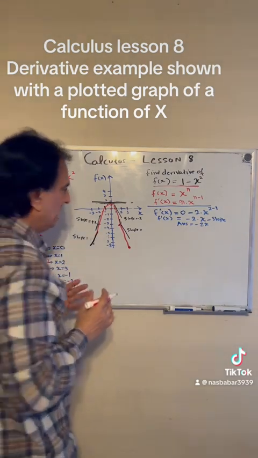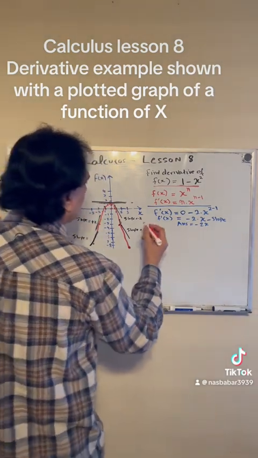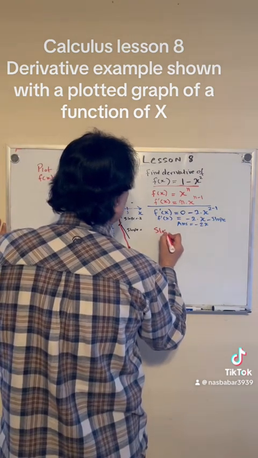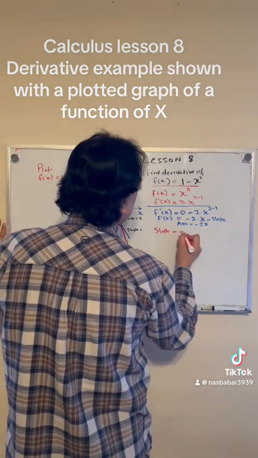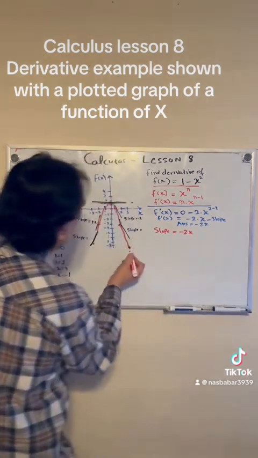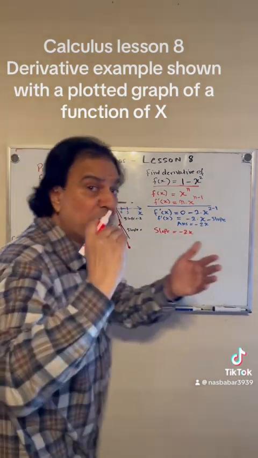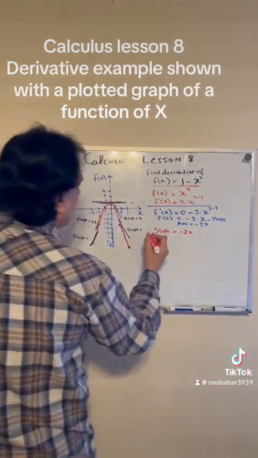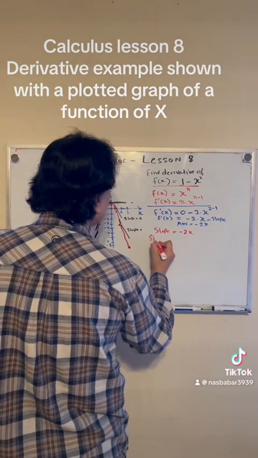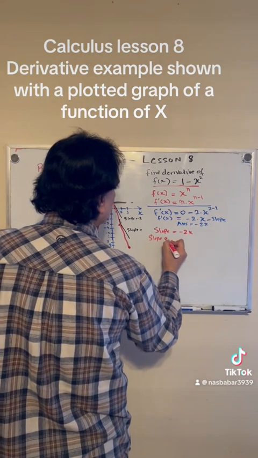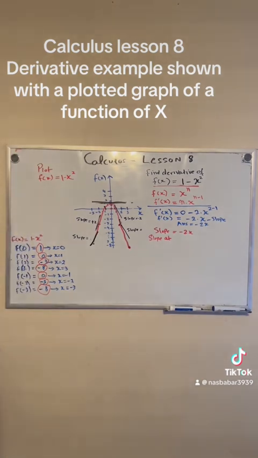Now, let's look and see. We found the slope. We said slope is equal to minus 2x for this whole function. What about at a given point? So let's say the slope when x is 0.